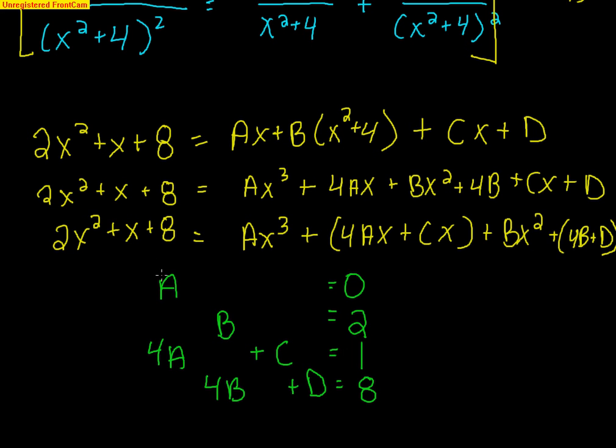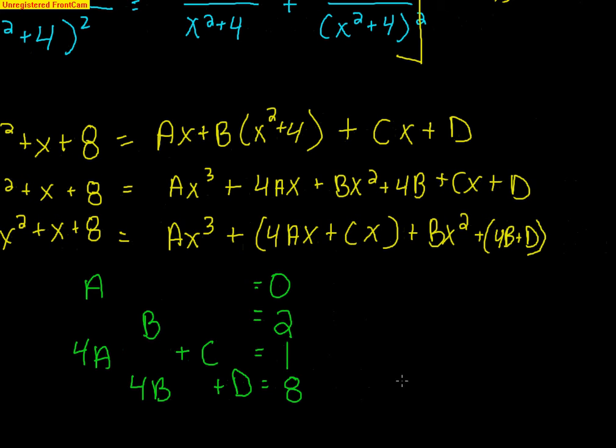Alright, so we already have a couple of the constants. We have a equals 0 and b equals 2, and we don't have to do anything else for those. So we can plug in a equals 0 for the third linear equation, so 4 times 0 is 0, plus c equals 1. Since the zero drops out, we get c equals 1.